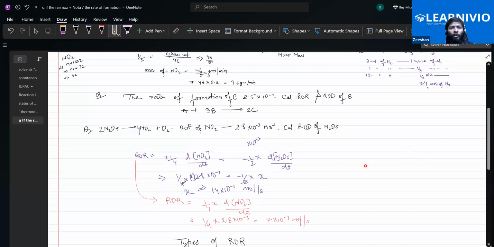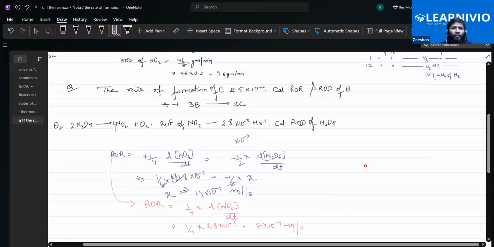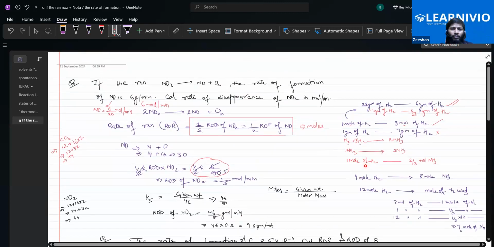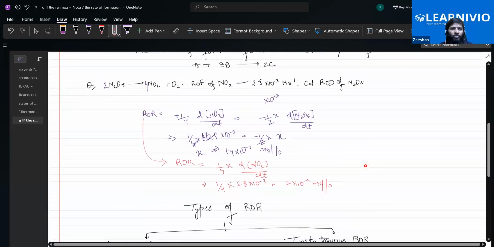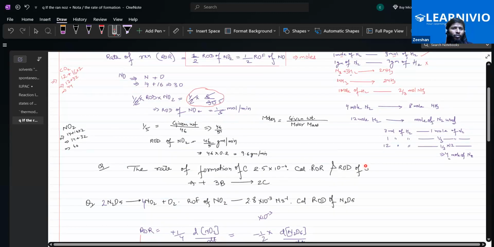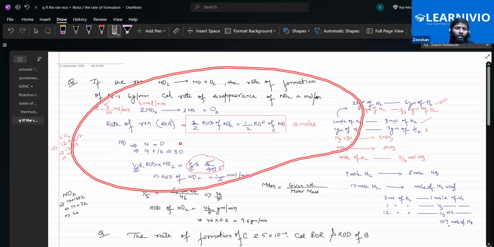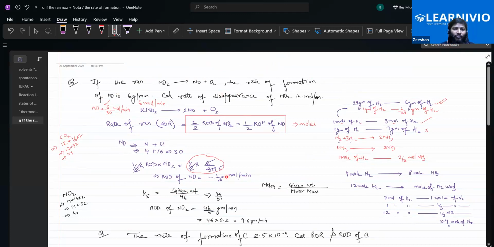I think you have understood all these things, the rate of disappearance and the rate of reaction, no confusion? No, sir. Okay. So revise them, because these numericals are very important. Not exactly this one, but this type.